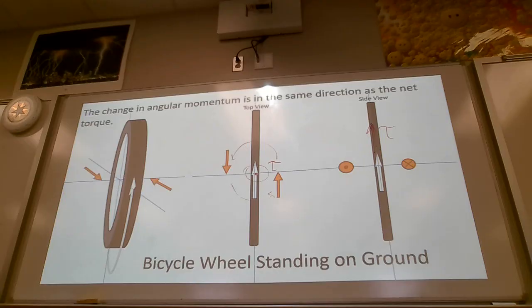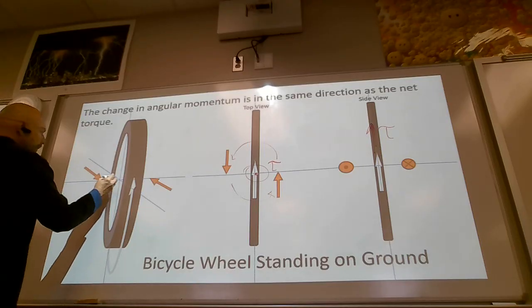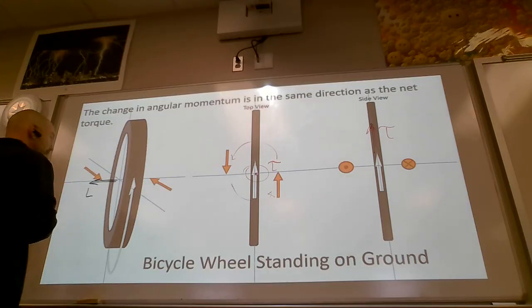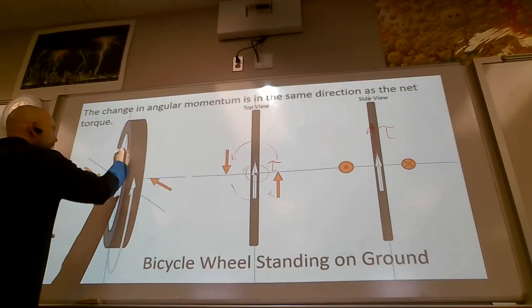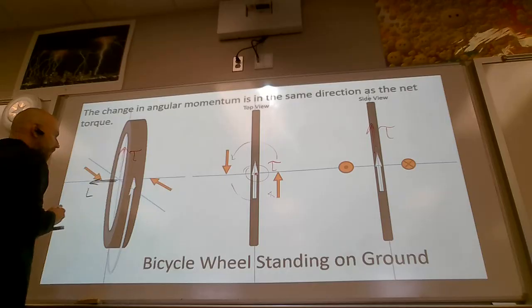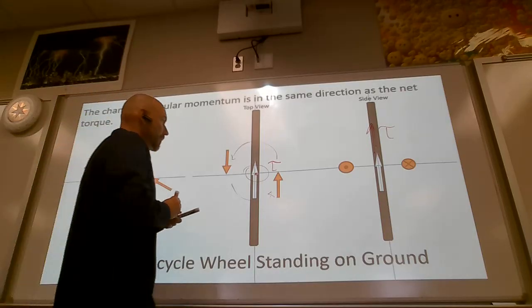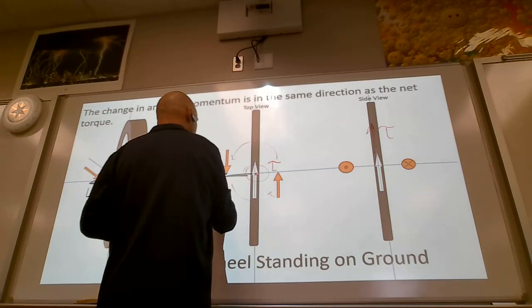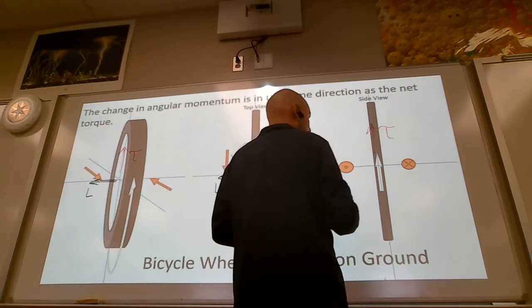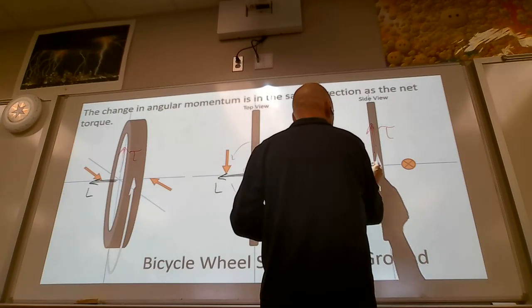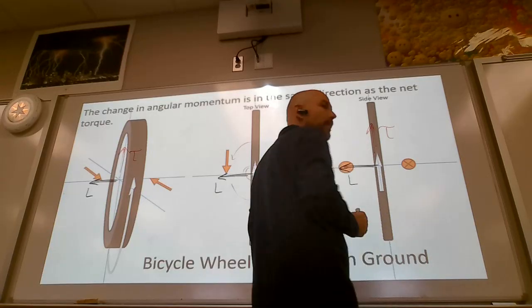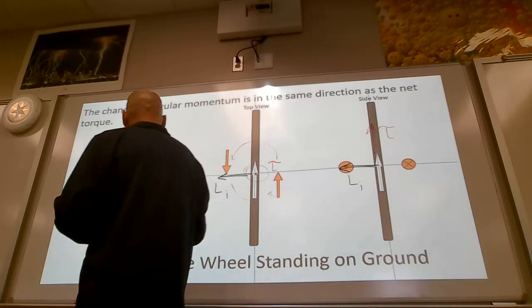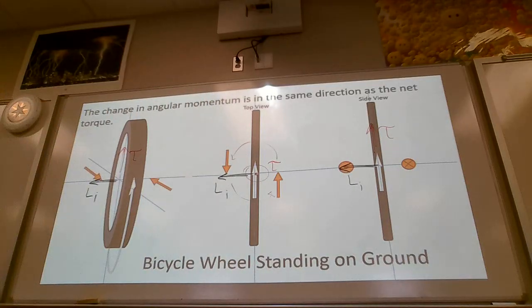Which way is it going? So here it's going to the left. Good. So that is our initial angular momentum of the wheel.